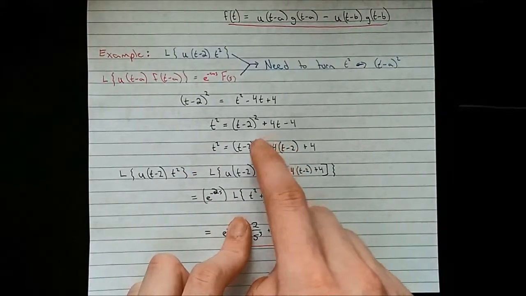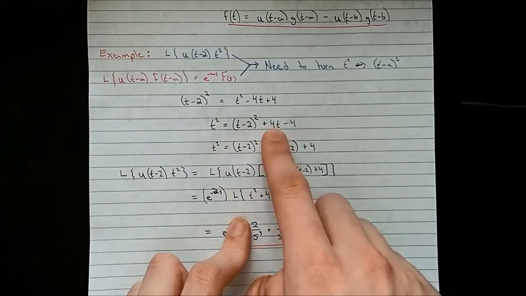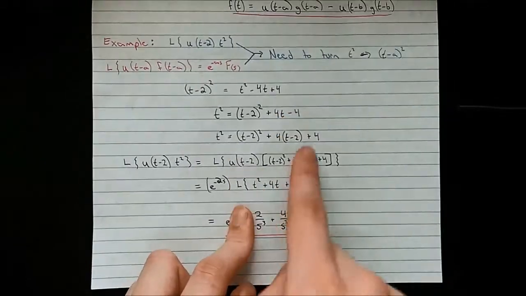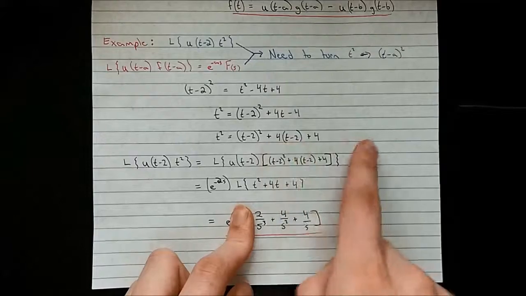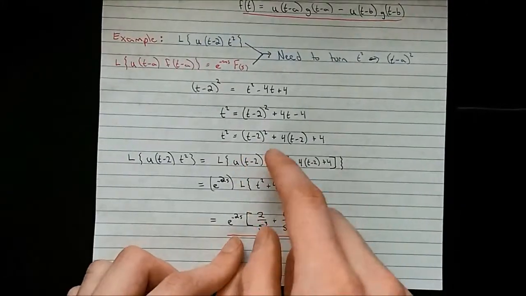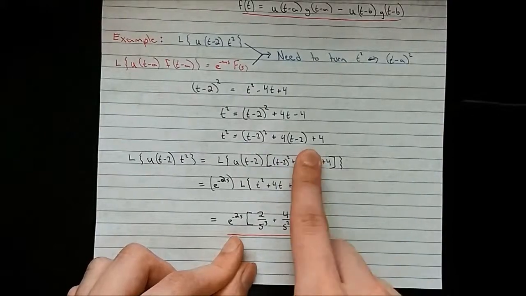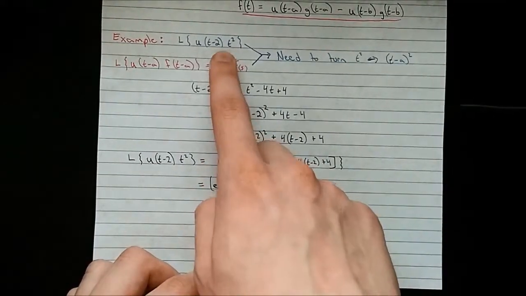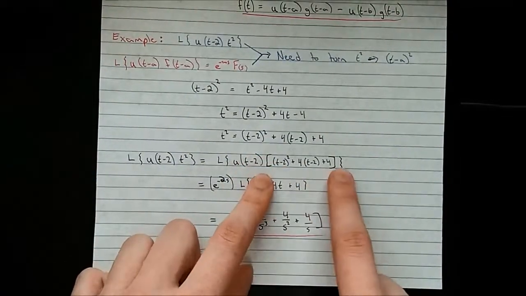But once again, we have t minus 2 here, but we have another t that we need as t minus 2. So you do the same thing again. You multiply this out again, you'll get t squared. So now we have a function of t minus 2 that is the same as t squared. So we can just plug that right into our equation from here. It just goes right there.